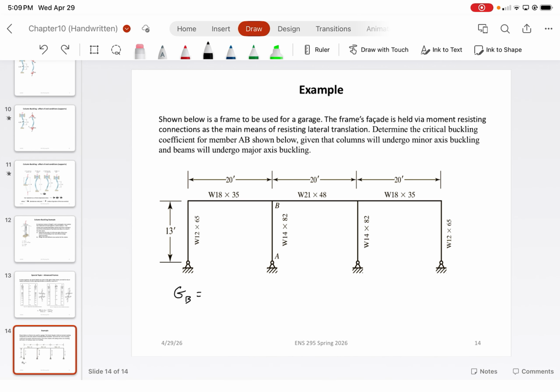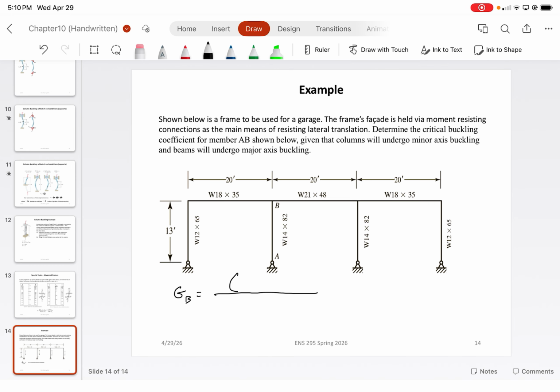All right, so in this case, we basically want the EI over L of all of the columns at joint B divided by the EI over L of all of the beams. All right. Now, how many columns are running into this joint B right now? 1.